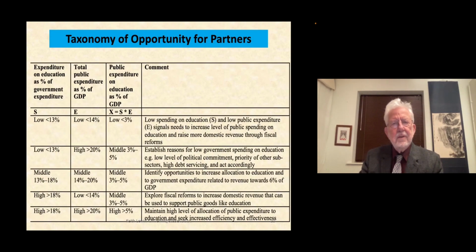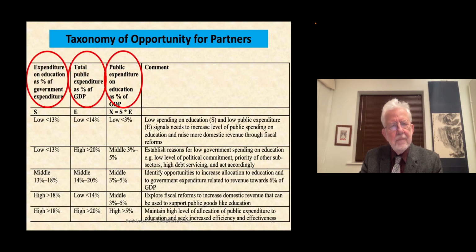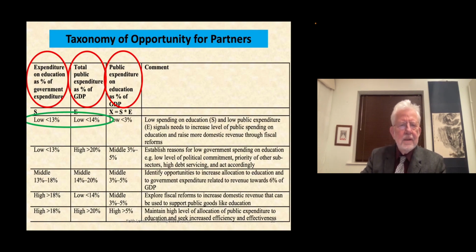There is a kind of taxonomy of opportunity for national governments, and indeed for partners working with national governments, which looks at the relative values of S and E and consequently of X. So those three parameters, and this is a very simple way of looking at it, can result in a low allocation of GDP per capita to education, which is insufficient to meet the goals and targets that have been set.